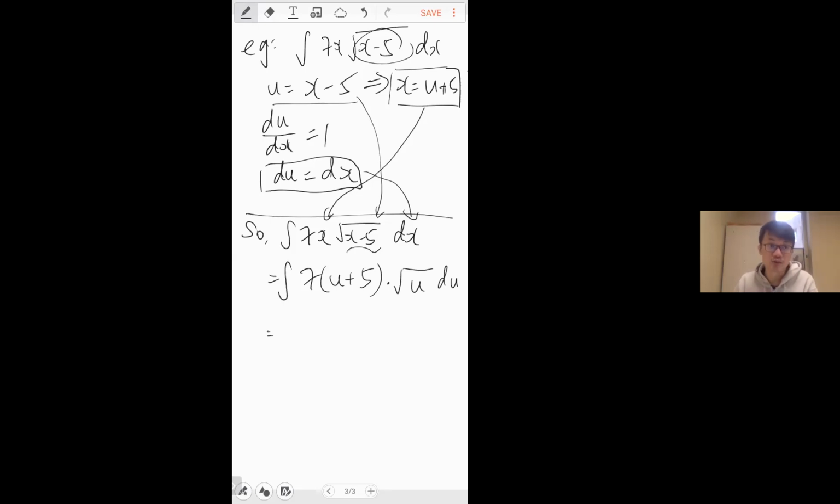And you have 7 times u plus 5 times the square root of u, and you want to take the integral of that. What do I need to do? Okay, take the antiderivative. Do you mean I need to take the antiderivative of this and this separately?